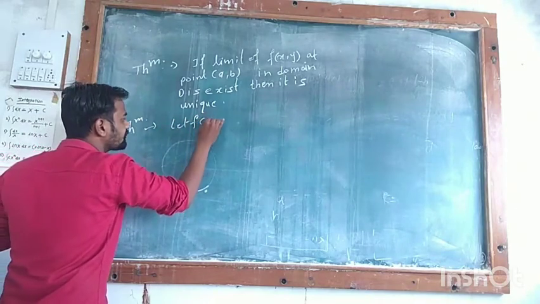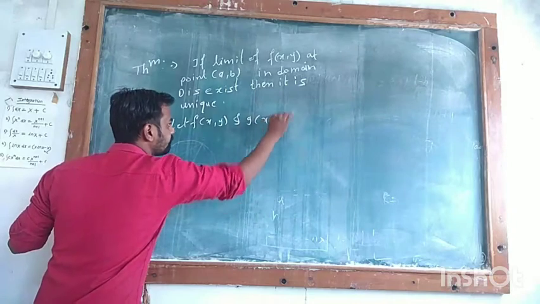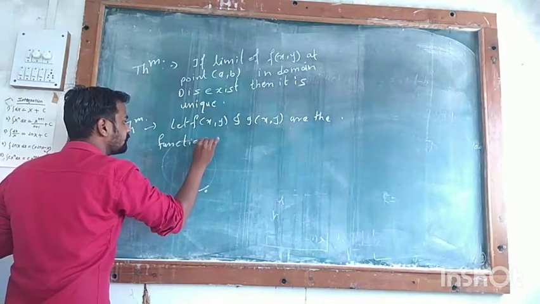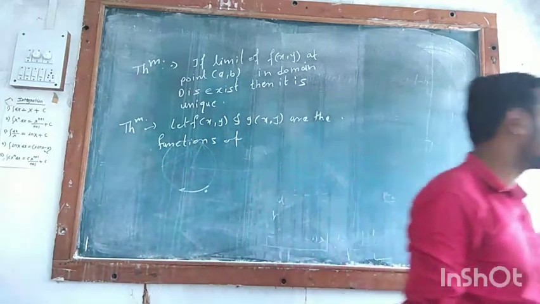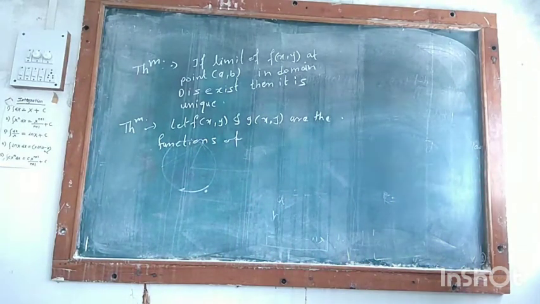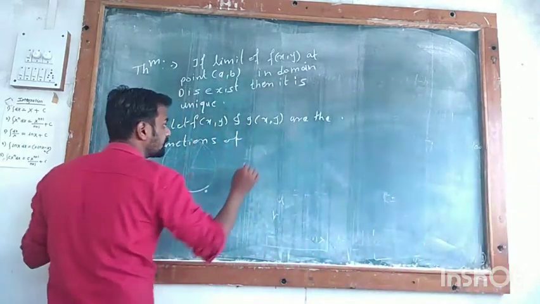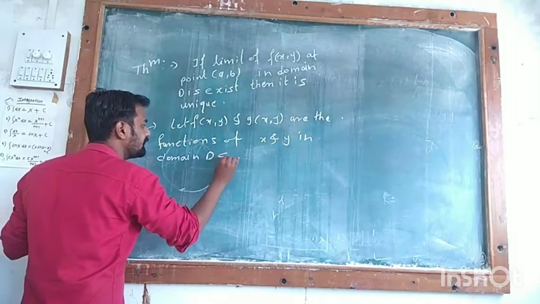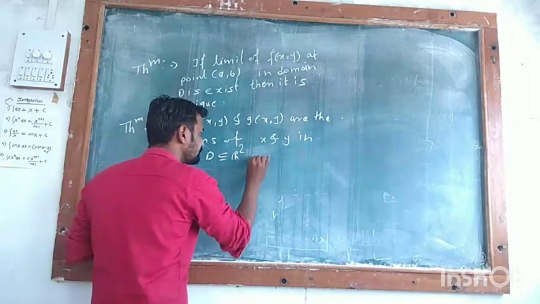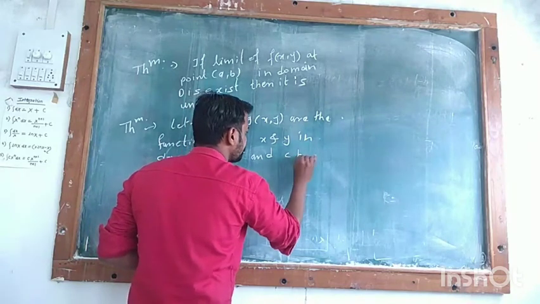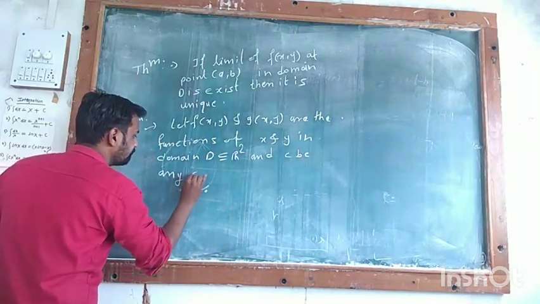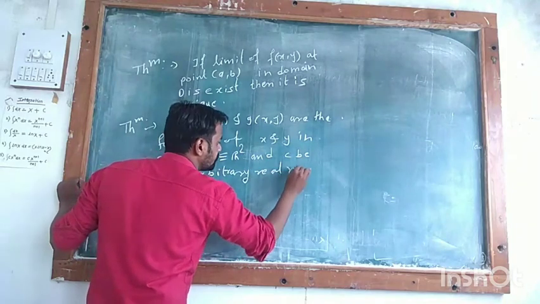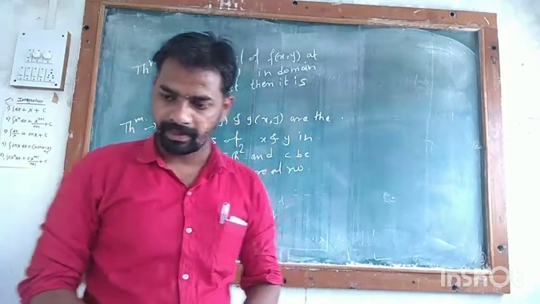Let f of xy and g of xy be functions of two variables x and y in domain D, a subset of R square, and C be any arbitrary real number.